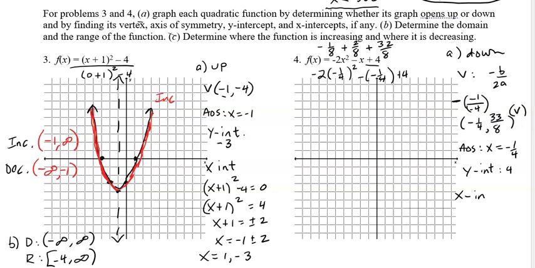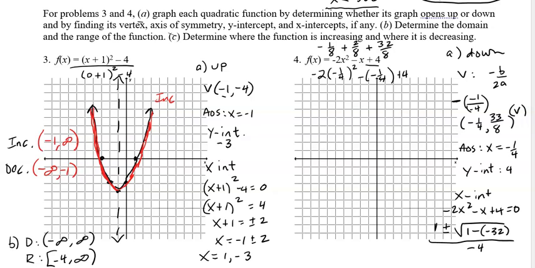The x-intercepts we'll have to solve for, so it's negative 2x squared minus x plus 4 equals 0. And so we'll use the quadratic formula, I guess. So opposite of b plus minus square root of b squared minus 4 times negative 2 is negative 8 times 4 is negative 32, all over 2 times negative 2, which is negative 4.